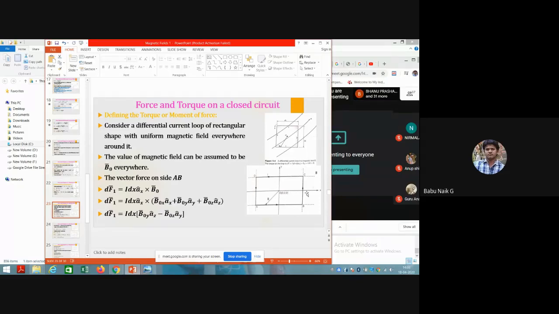Now, with this rectangular loop, consider the center as the origin of an XYZ coordinate system.